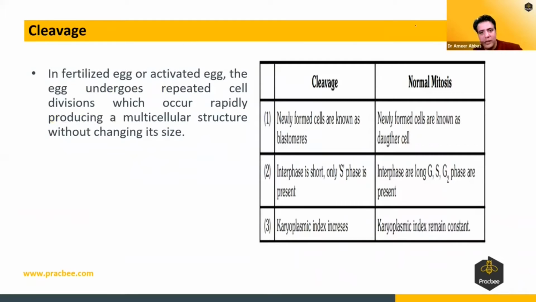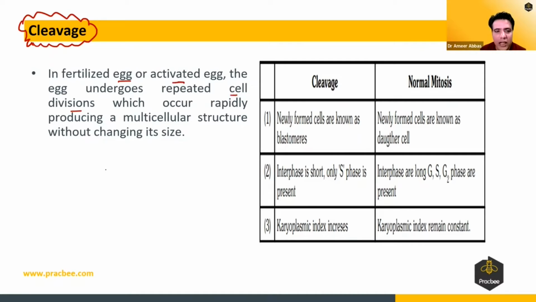As soon as the zygote is formed, what will happen? There will be a division, but this division will be different from the normal mitotic division. This division is known as cleavage. The fertilized egg or the activated egg goes for repeated cell division.